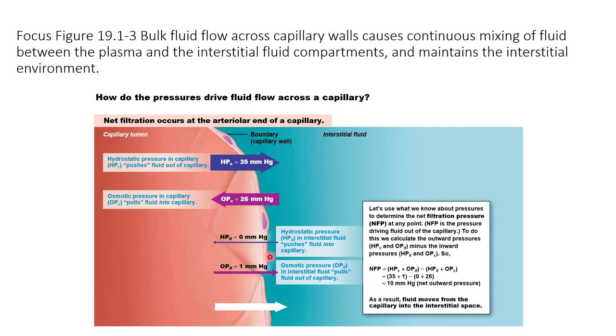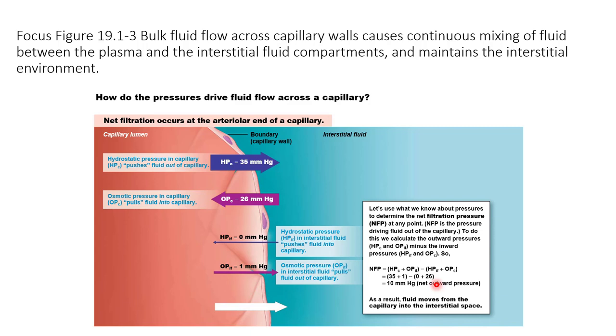Also the hydrostatic pressure in the interstitial space is negligible, so it's really zero, because your lymphatic system is reabsorbing the fluid that gets into the tissues anyway. So that's this section right here, which is 0 plus 26. You add them both: 35 plus 1 is 36, 36 minus 26.